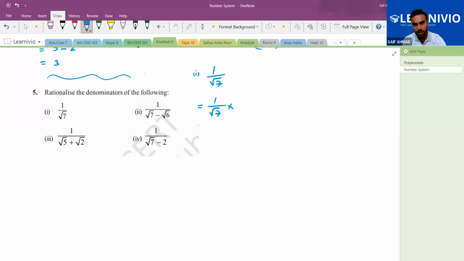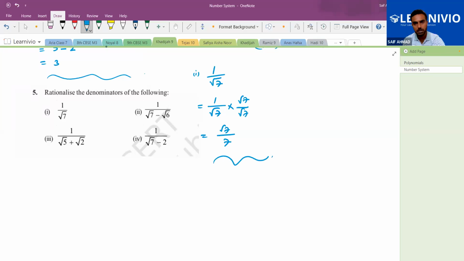You have to multiply by root 7 and root 7 in both the numerator and the denominator. It does not affect the number. Root 7 into root 7 is root 49, and root 49 is 7.